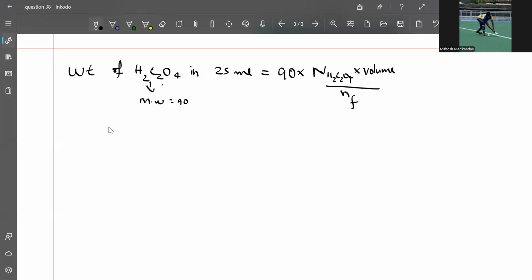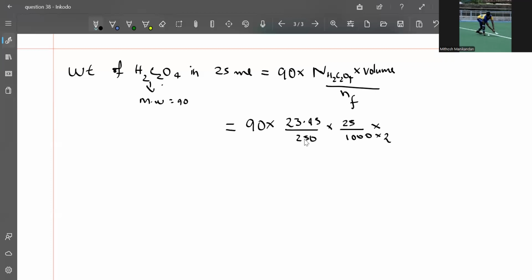So that will be 90 multiplied by 23.45 divided by 250, multiplied by 25 by 1000, divided by the n factor, which is 2.